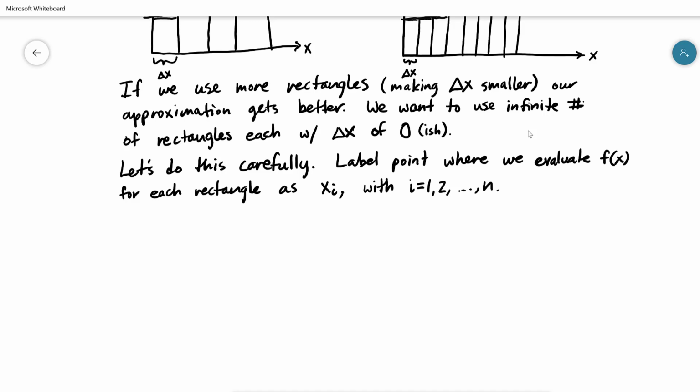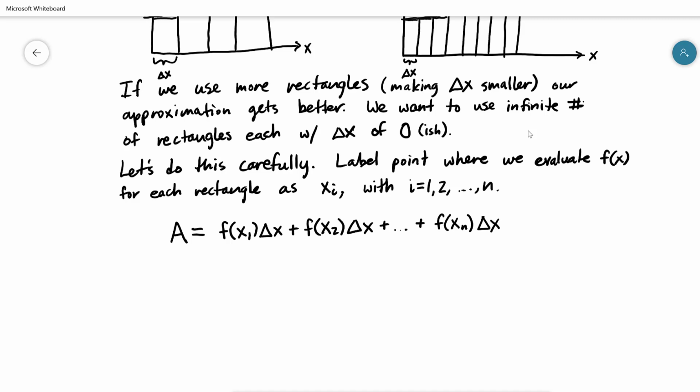So our area, following the formula that we had before, is essentially this. I need to take the first height, so f evaluated at x1, and multiply that by delta x. Then I need to add to that f evaluated at x2, multiply that by its delta x, plus so on and so forth, all the way to the last one, f of xn, where again, that's our nth rectangle that we're evaluating, times the delta x.